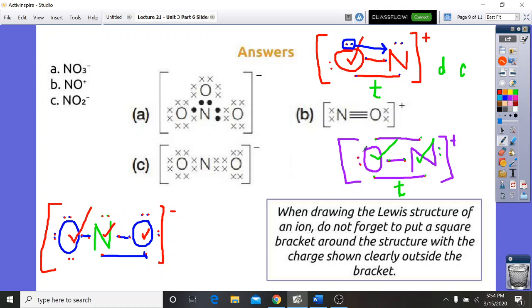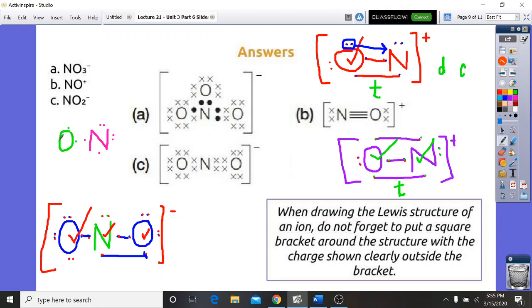What you can also do, and I'm sure some of you have figured out, is you can add the extra electron to the nitrogen. So let's start all over again for NO2 minus and put 1, 2, 3, 4, 5, and let's just already put 6, okay? And now let's add our oxygens. So 6 means I added this extra one already to the nitrogen.